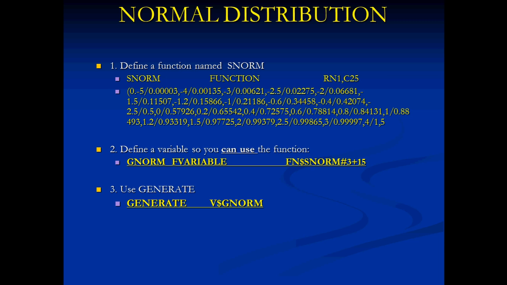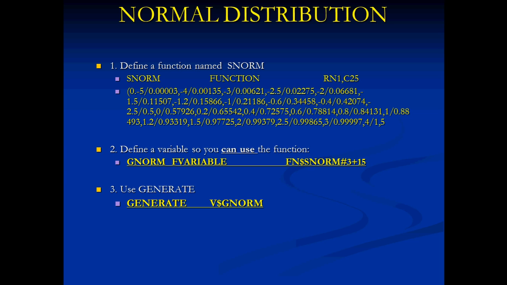The hash indicates the standard deviation, and the plus sign means the average. In this case, we have a variable named gnorm that behaves like a normal distribution with a standard deviation of 3 and an average of 15.